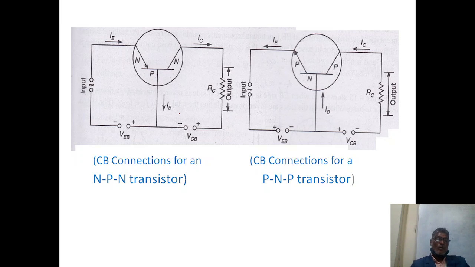In the first, you will see the base to emitter junction is in forward bias, because here the emitter gets the negative voltage and the base gets the positive voltage. Similarly, your output junction, that is the base to collector junction, will remain in reverse bias.